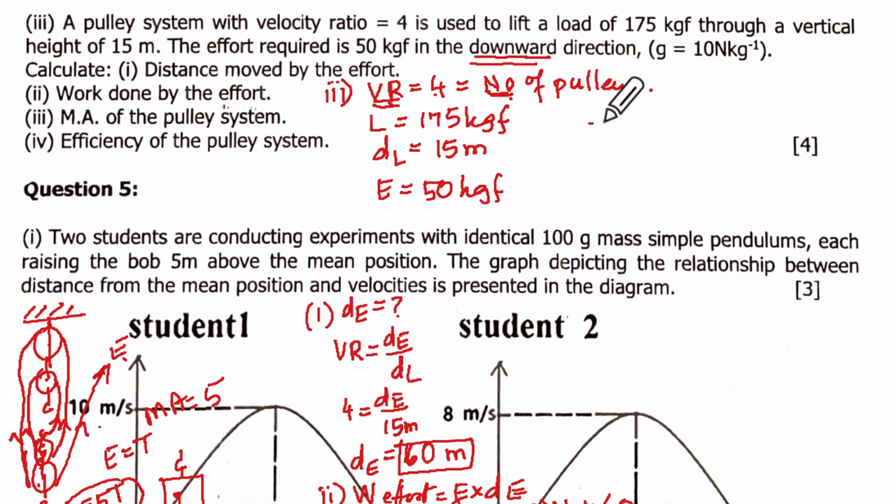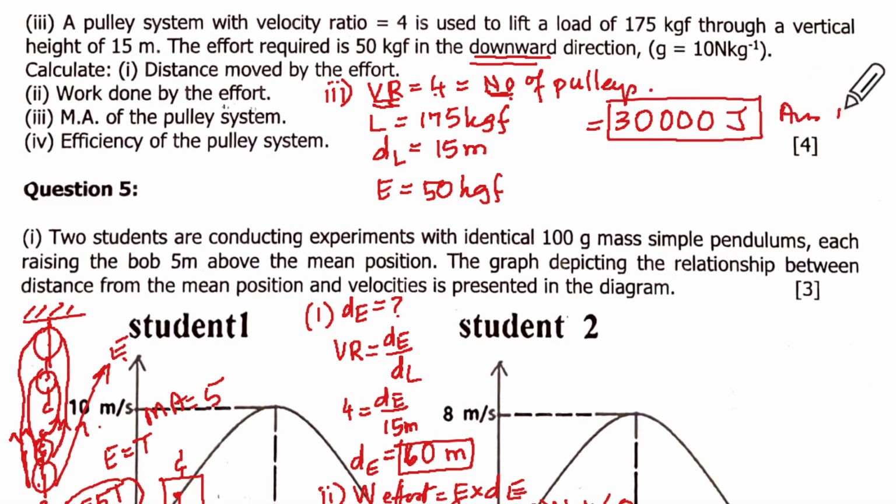Okay, so this will be 5 6s 30, and how many zeros? 1, 2, 3. So 30,000 joules. Okay, that is your answer 2.